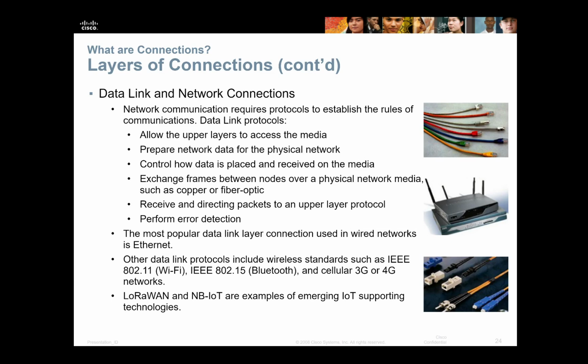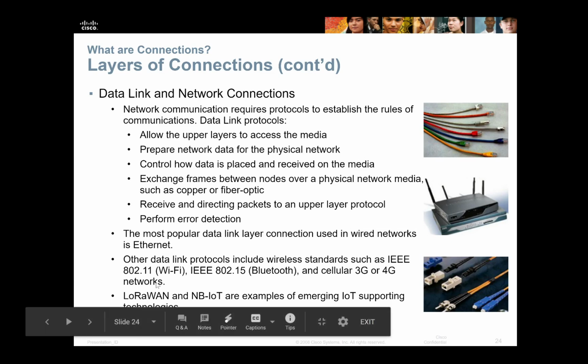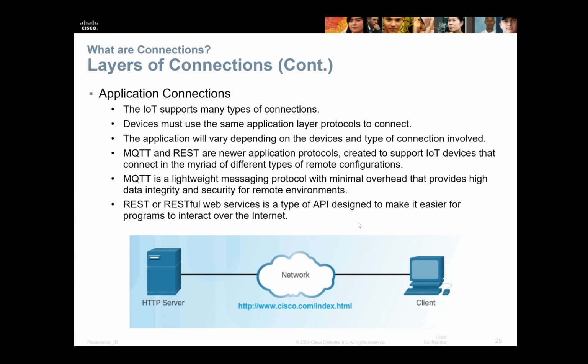Okay, so yeah, new emerging technologies there. Application connections. So IoT actually supports as many types of connections as you implement.